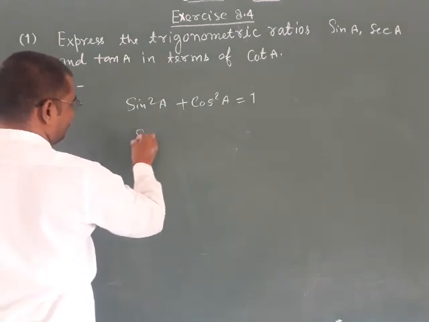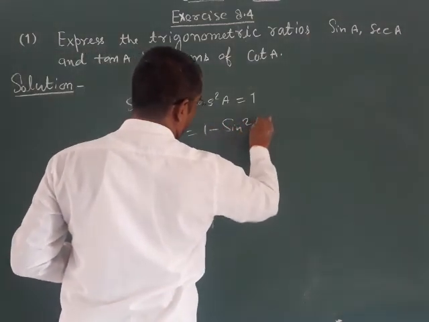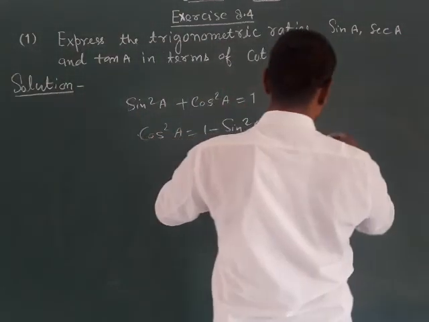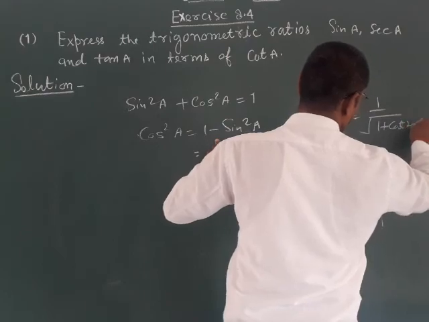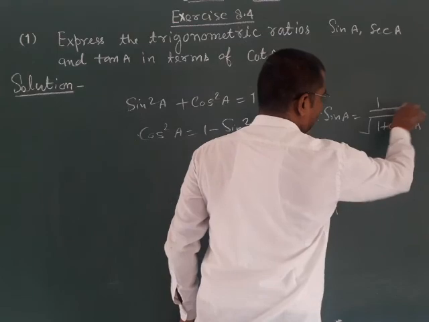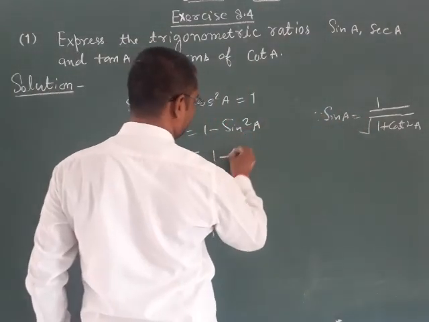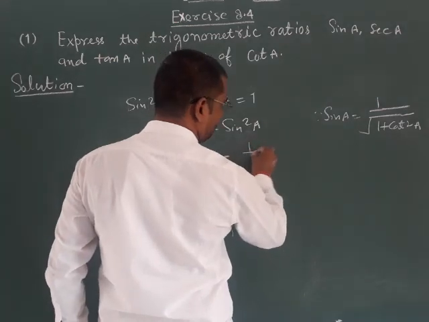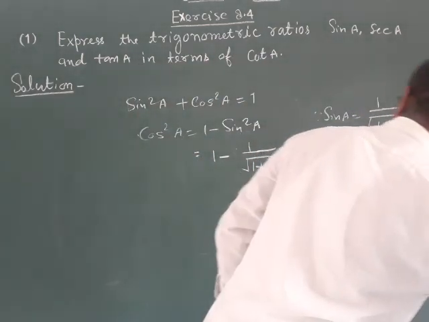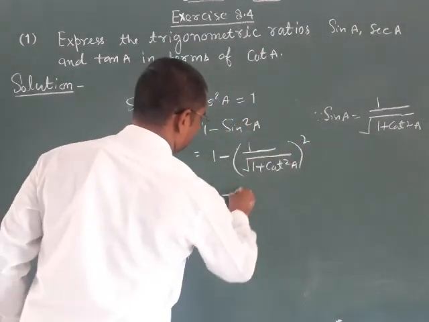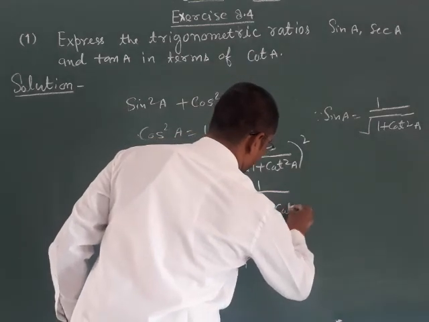It can also be written as cos square A is equal to 1 minus sin square A. From the above result, sin A is equal to 1 upon root 1 plus cot square A. Now put this value here: 1 minus sin square A, 1 upon root 1 plus cot square A whole square.